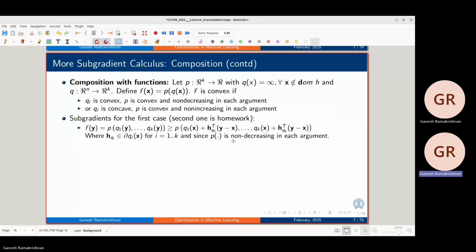The P on these arguments is greater than or equal to P of the right hand side. So this is the LHS, and what I'm going to write here is the RHS.